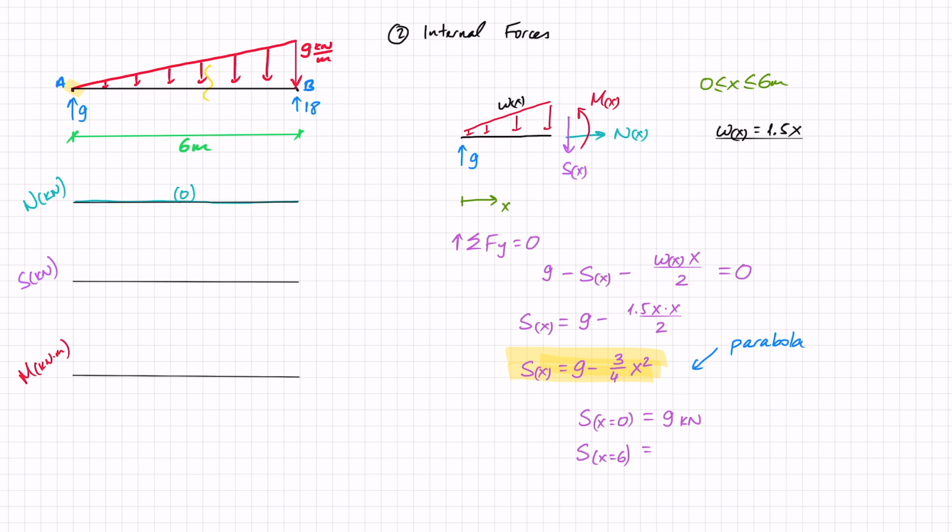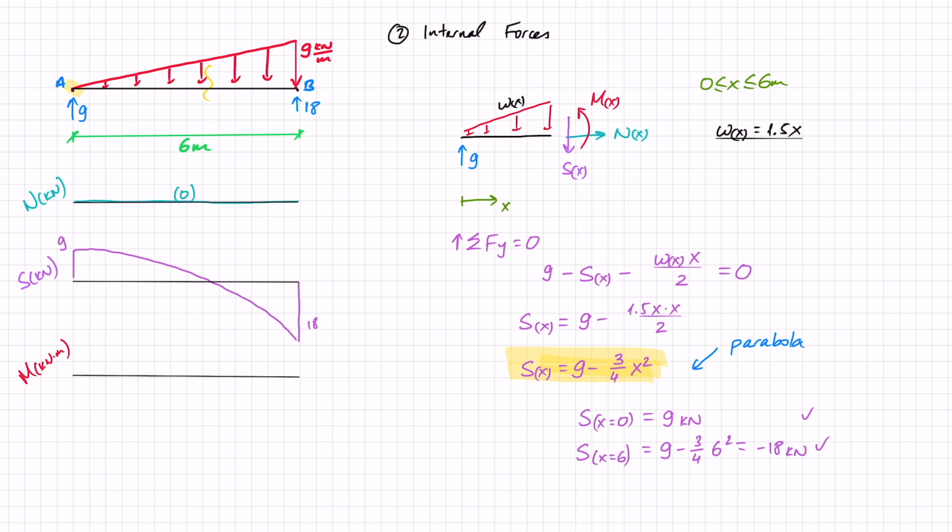When x equals 6, I've got 9 minus 3/4 of 6 squared, and that works out as minus 18 kilonewton, which is also good because it matches my reaction force. So here I've got 9, here I've got 18, and I know that this is a parabola between them, so it's going to look like this.